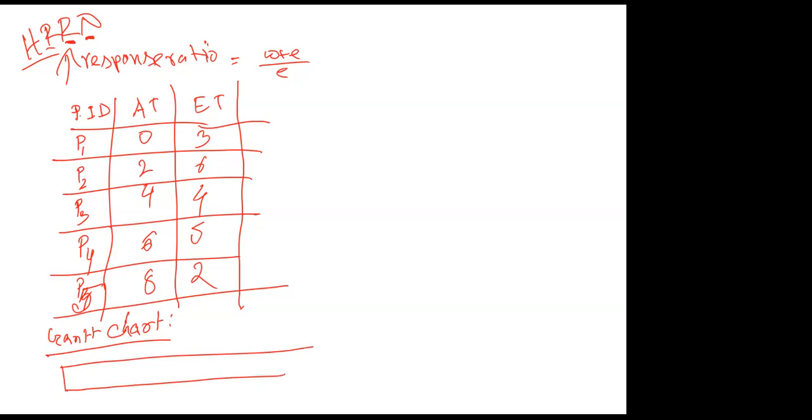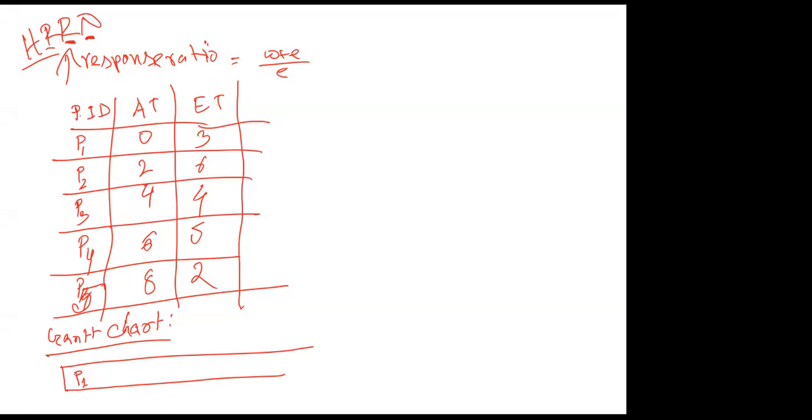At time unit 0, how many processes are inside the RAM? Only one process, P1. So P1 will be scheduled by your operating system.